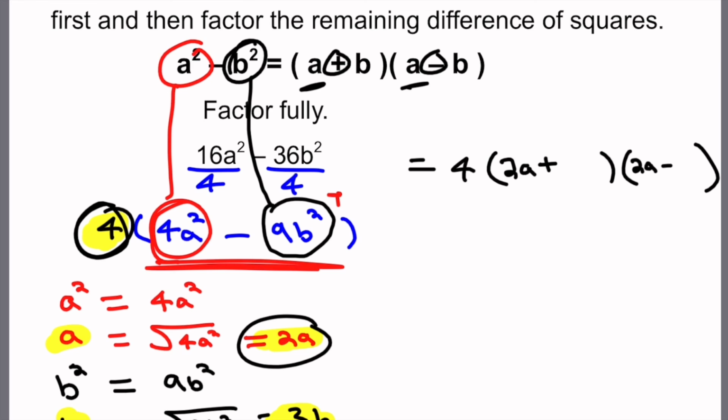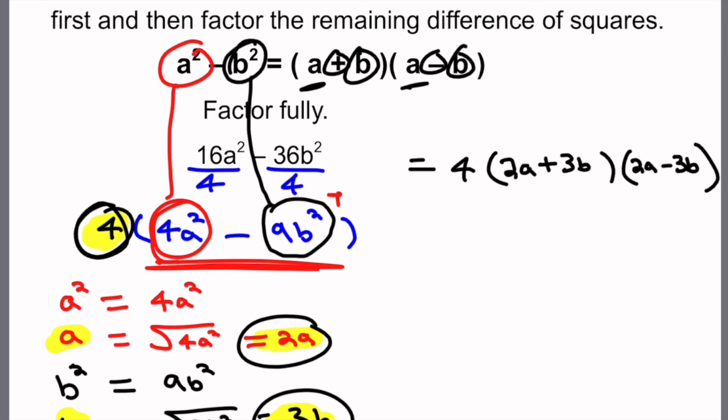And again, the order of that does not matter. And of course, our b values finish it off. Our b is equal to 3b. 3b, 3b. So our full factored answer here is 4, 2a plus 3b, 2a minus 3b.